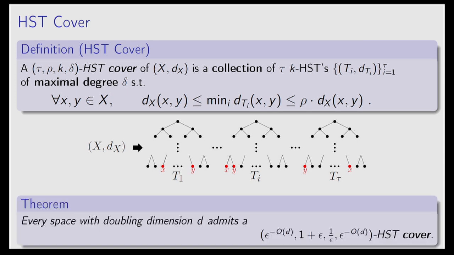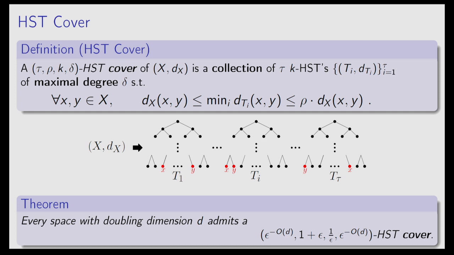The theorem that we proved is that for every space with doubling dimension d, you can construct this type of HST cover where the number of trees is epsilon to the minus d. The guarantee on the distance is 1 plus epsilon. The k here is 1 over epsilon, and the maximum degree is epsilon to the minus d.